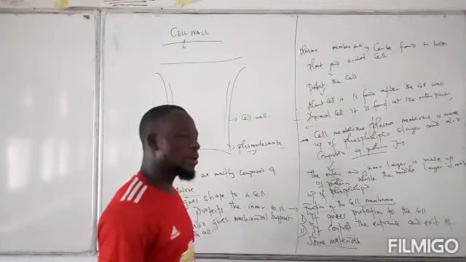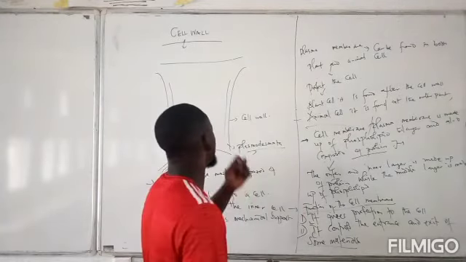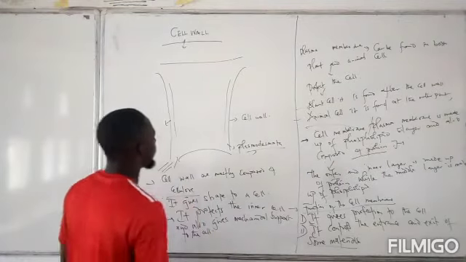So it controls the materials that are coming in and out of a cell. The cell membrane regulates the content that is coming in and out of the cell.